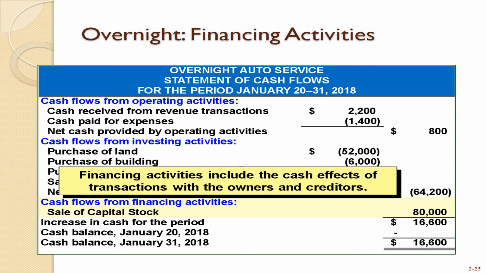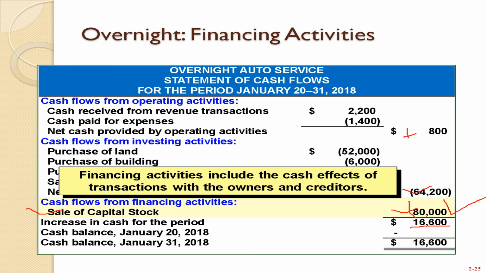Last is financing activities. Financing activities include the cash effect of transactions with owners and creditors. For example, sales of capital stock. Selling of stock is a positive inflow of cash, so you will add. Now the increase in the cash of the period. 80,000 is the amount you receive by sale of capital stock, and the 64,200 from investing activities is negative, and here it's a positive operating activity.